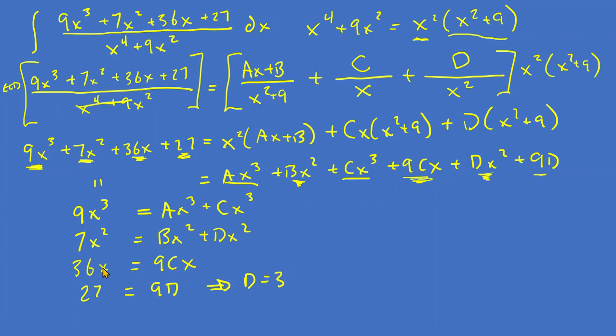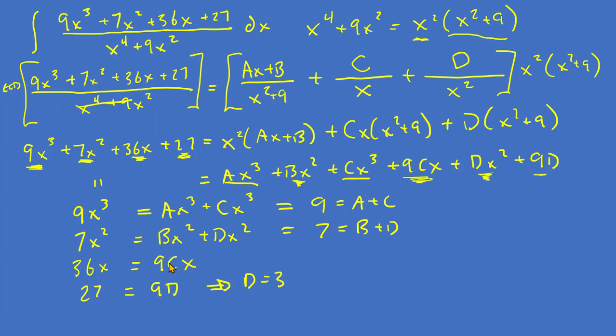Then, what we're going to do with the rest of these is get rid of the variables. So I'm just going to take out the x cubes here. So I have 9 is equal to a plus c. Then here I have 7 is equal to b plus d.